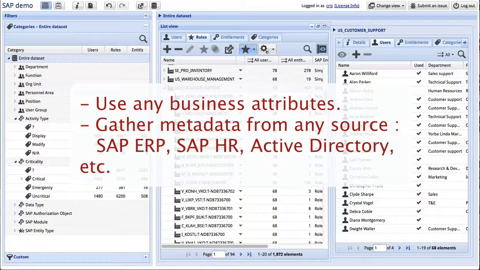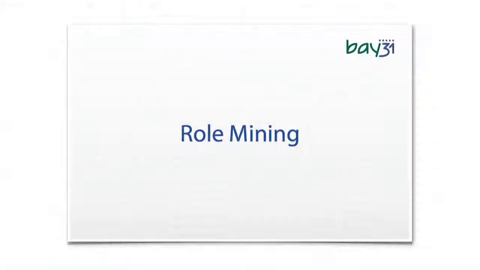You can categorize authorizations and entities in as many ways as you like, and you can gather business attributes from different sources. In this case, for example, we gathered business attributes from SAP, from HR, and also from Active Directory. Role Designer lets you correlate these high-level business attributes with the low-level authorization data.